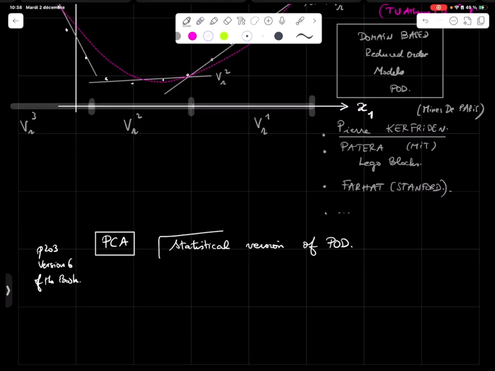What does that exactly mean? Statistical version of POD. That's what we're going to see very briefly.